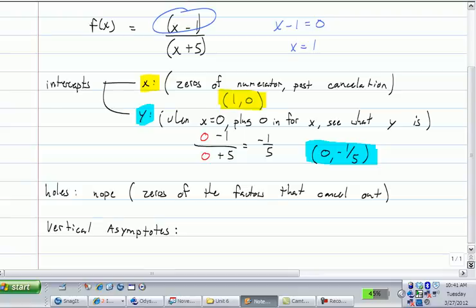All right, so these are the vertical lines. Vertical lines are in the form, are they x equals or y equals? X equals. A nice way to remember that is points along a vertical line all share the same x value. That's why the equation is x equals. So these are going to be x equals equations, and they are the zeros of the denominator post cancellation.